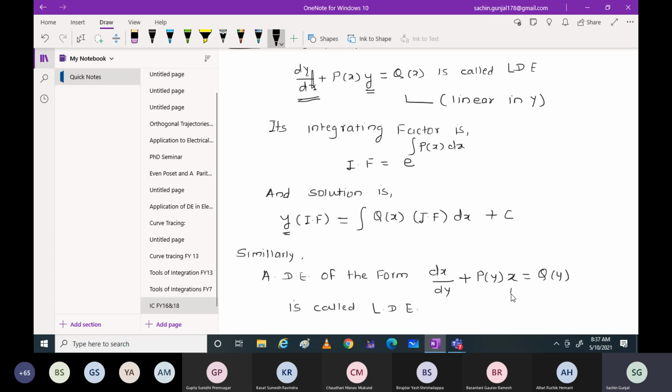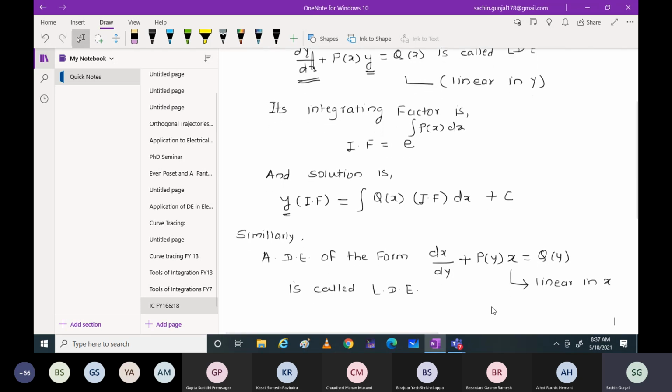But this is linear in x, because you can see that degree of dx upon dy and x are 1.